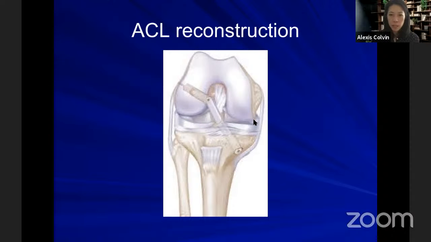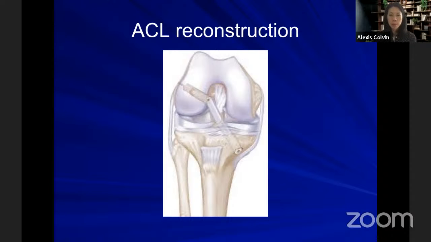Go down. And the thing that looks like a circle that's tan. Yeah, so that's the screw on the tibia side, because you need something to hold the graft in on there. And then if you go to the femur, the top bone, there's a screw in there too. And so you need to be able to fix the graft with two things. And this is one where they used screws.